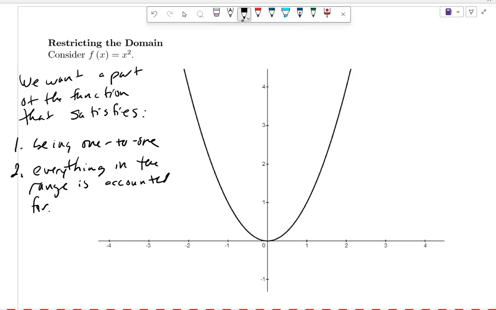Okay. Think about when you solve equations by doing the square root. Anytime you do the square root of both sides of an equation, what do you always have to make sure you do? If I had x squared equals 4, and you did the square root of both sides, what are the answers? Plus or minus 2, right? Or if you think about your quadratic formula, it's negative b plus or minus the square root of b squared minus 4ac, right?